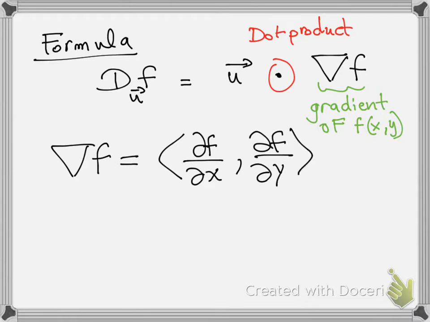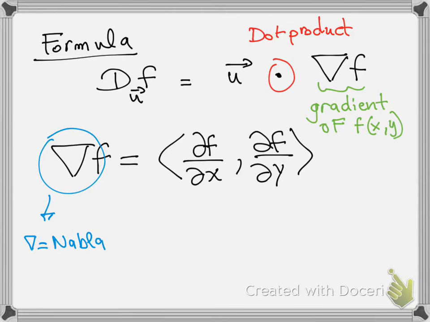That's the gradient vector. Again, this letter is called nabla, a Greek letter. So nabla f, or gradient of f, is the vector partial f partial x, partial f partial y.